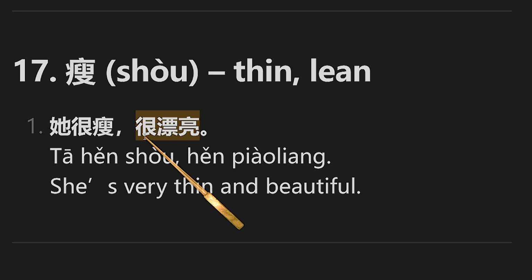Beautiful. 很漂亮. 她很瘦. 很漂亮. I think it's really good. We don't need to say 她很瘦和很漂亮 or 还有很漂亮. Just use this, with a little pause. 她很瘦很漂亮.